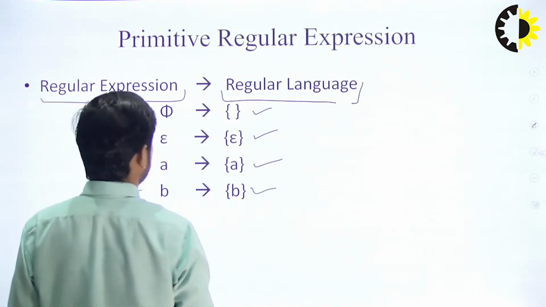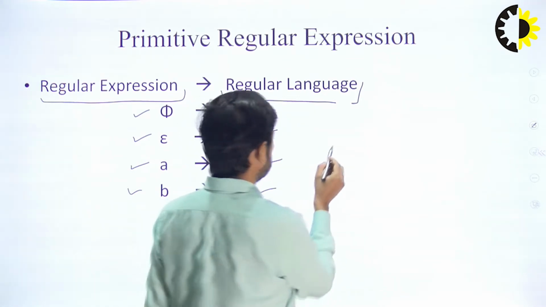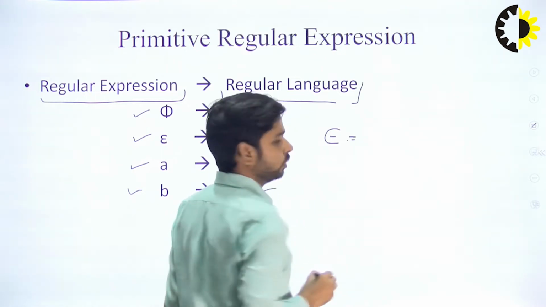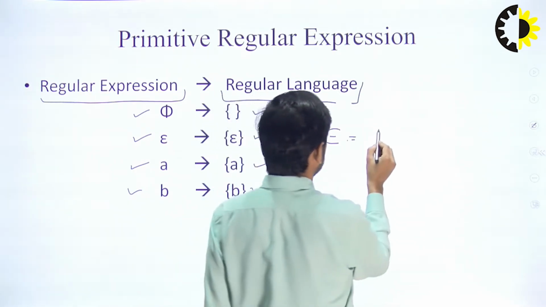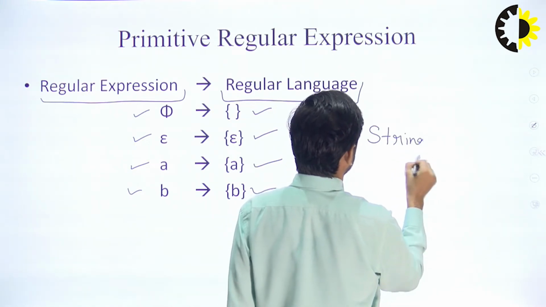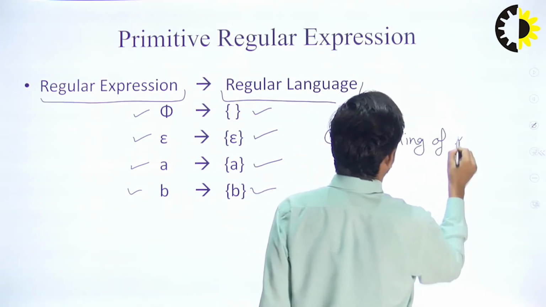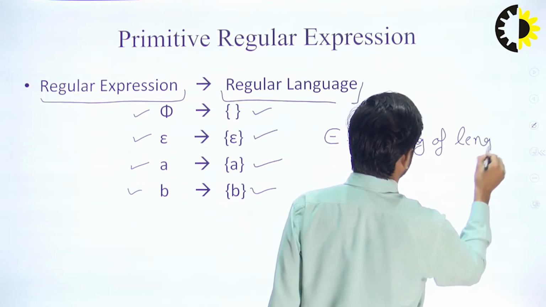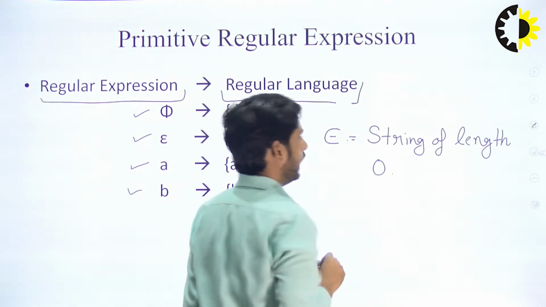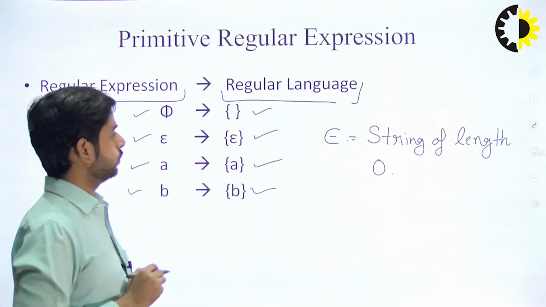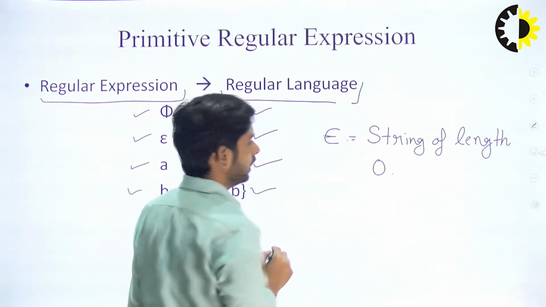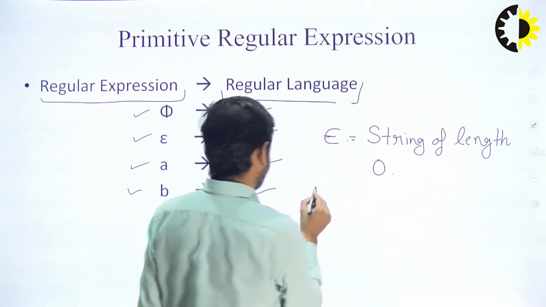So let's see what this epsilon is. Epsilon is a string of length 0. And what is phi?